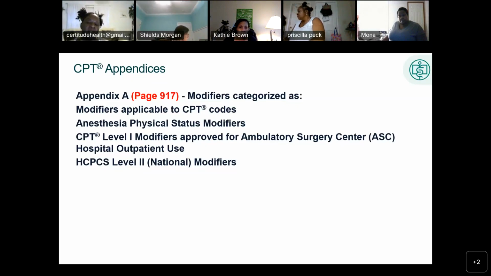So where I'm getting the modifiers from is, again, from that inside cover of your CPT book. There's another place that you can also find modifiers, and that is Appendix A. So that takes us back to page 917.